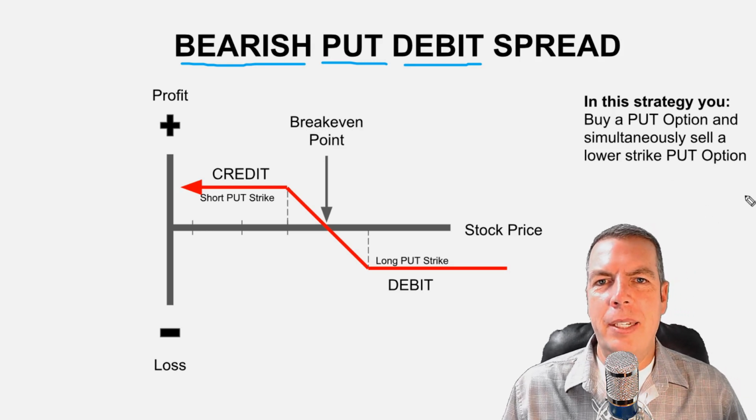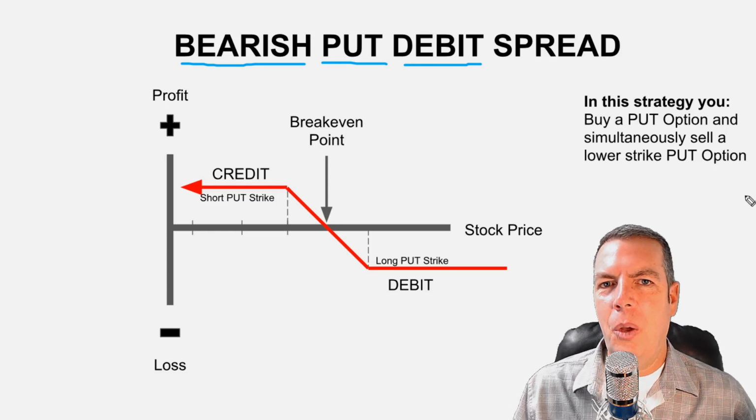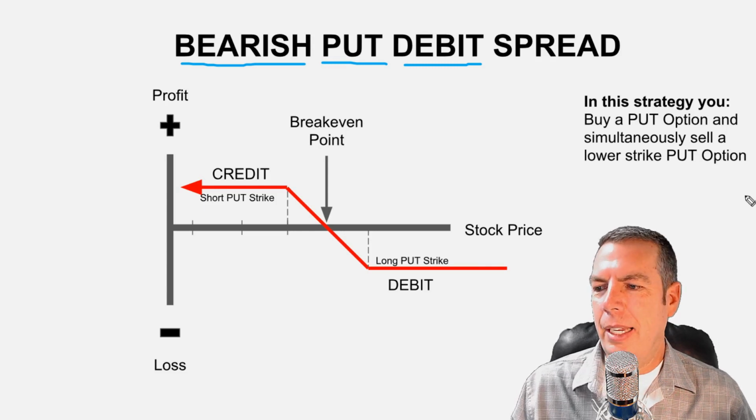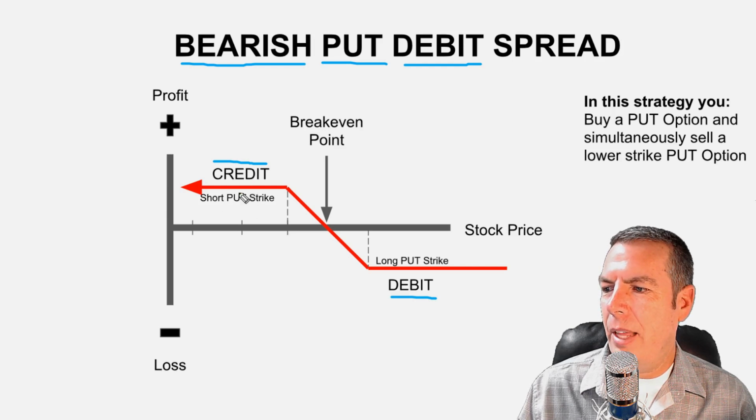Again, this kind of goes back to that call debit spread that we were talking about. Maybe that put option is pretty expensive, so you wanted to offset it by selling a lower strike put in this case. So you could see that here's our debit by buying our long put here, but then we'd be selling a lower strike put in order to bring in some credit for that trade.